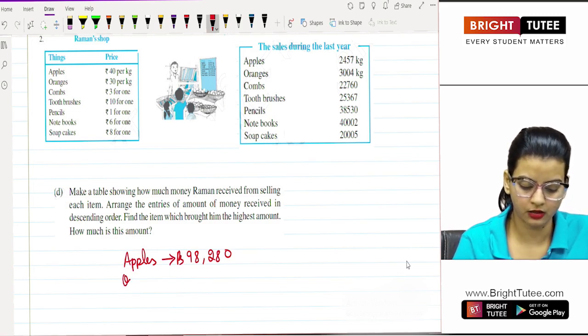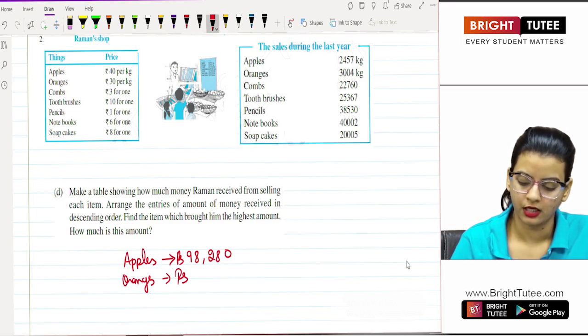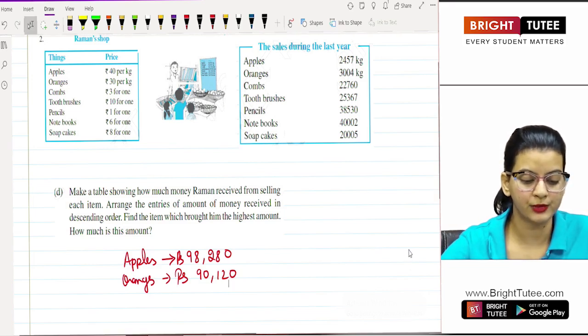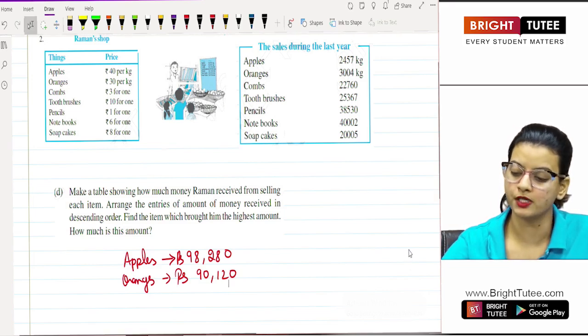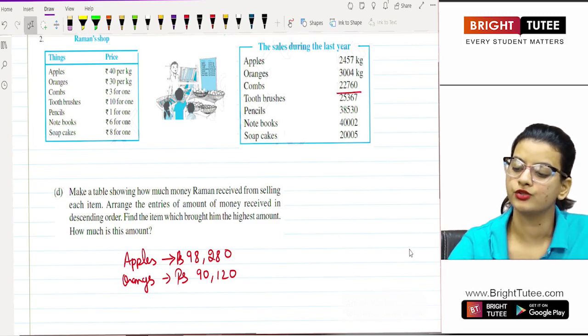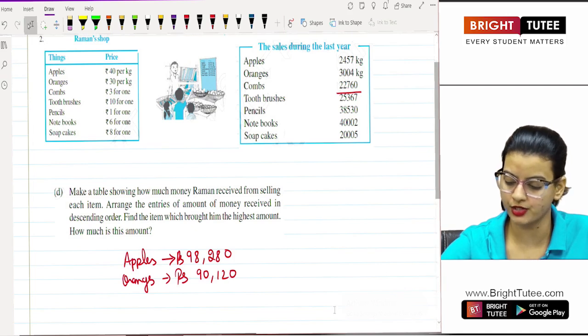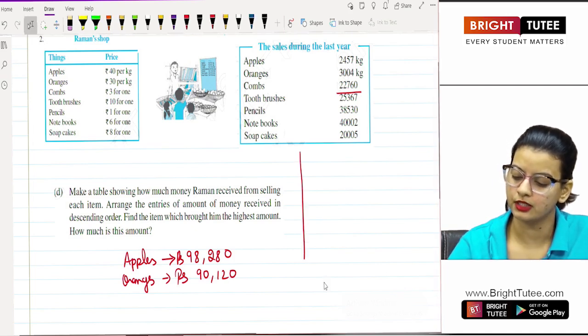Then for oranges he got rupees 90,120. Now let's calculate for the others. For combs, he sold 22,760 combs. So how much did he get by selling combs? Let's do the calculation over here.